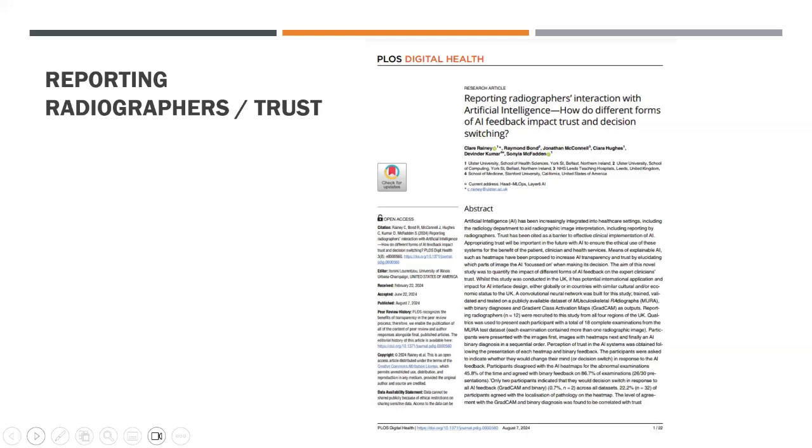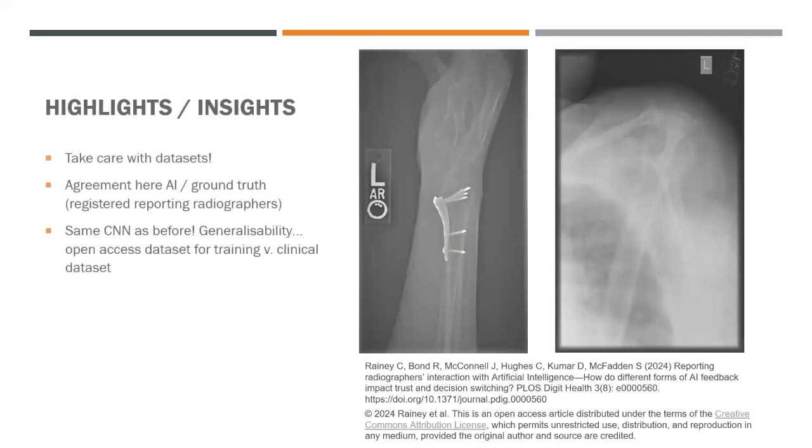We recruited reporting radiographers from the UK, where this is established practice, to investigate the interaction of these experienced clinicians with artificial intelligence, because this is a group which research already demonstrates may have a high degree of algorithmic aversion and avoidance, and who have trust issues with technology, who tend to prefer their own opinion over that of AI. And the problem with that is that they may not be able to leverage the benefits of AI.